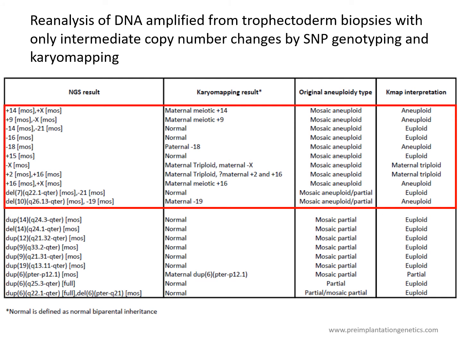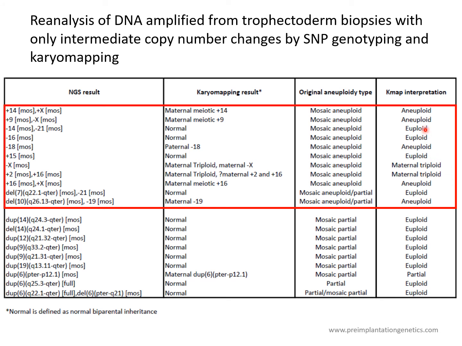So if we look on the right-hand side of the table here, 1, 2, 3, 4 were identified as euploid, with no sign of even a partial loss, which can also be picked up by SNP analysis and karyomapping. 2 of the samples were maternal triploid and had extra maternal chromosomes, which could be detected by karyomapping across all chromosomes, and were therefore probably a result of abnormal fertilization and retention of the second polar body.